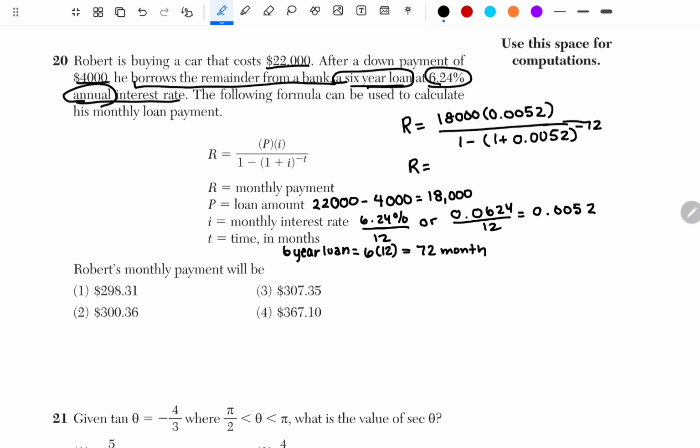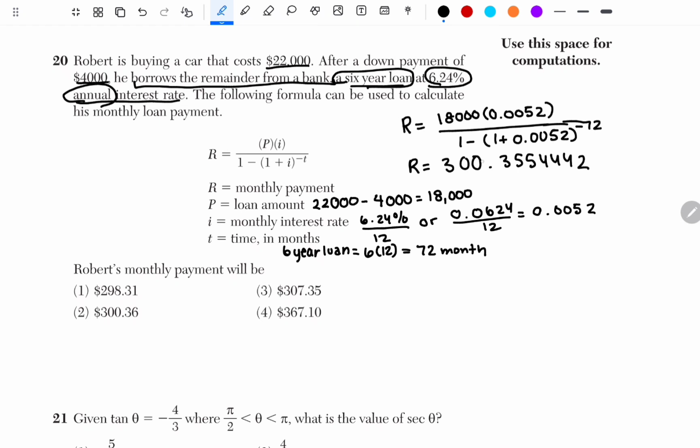And when we do that on the calculator, we're going to get 300.355442.